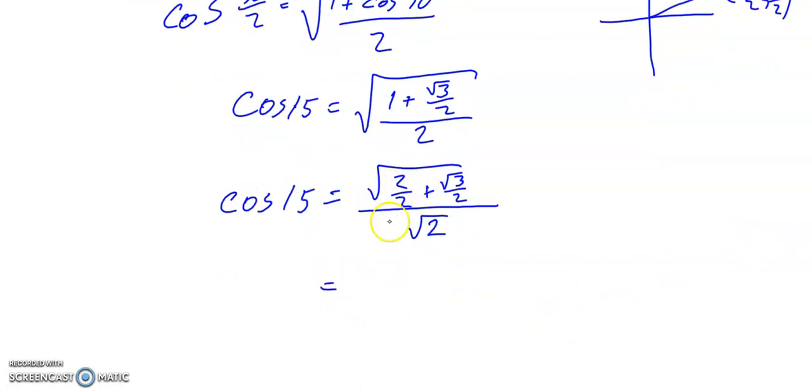So when we add on top, I get 2 plus radical 3 over 2, inside a square root, and all of that is over a square root.